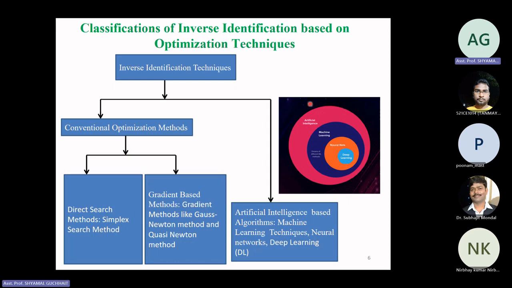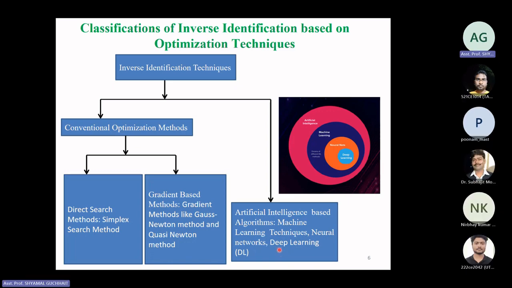So AI covers the whole picture. Now in machine learning techniques, we can use different techniques like GA or PSO, particle swarm optimization. About PSO, I'll discuss today, and then we have neural networks and ultimately deep learning techniques, the latest one.